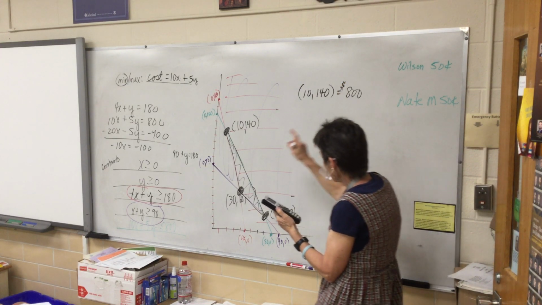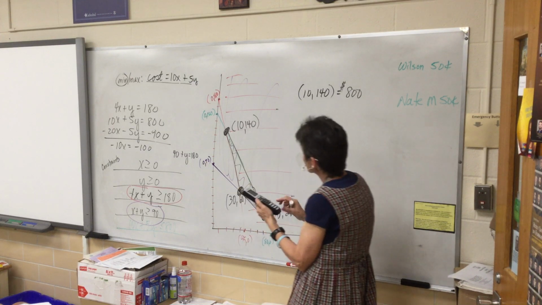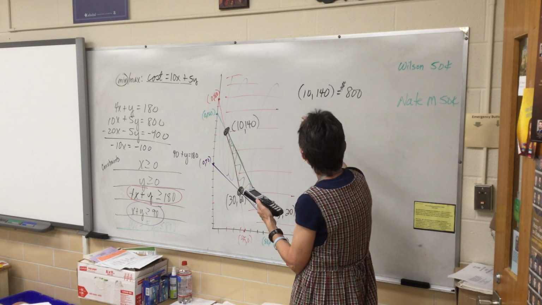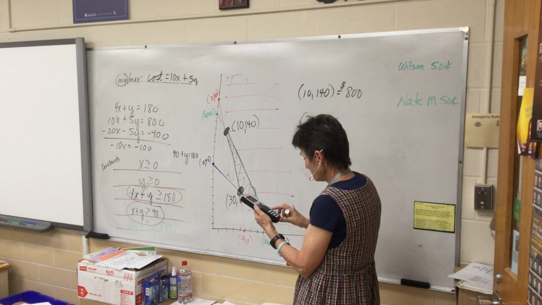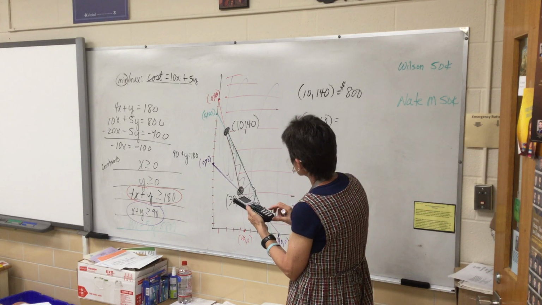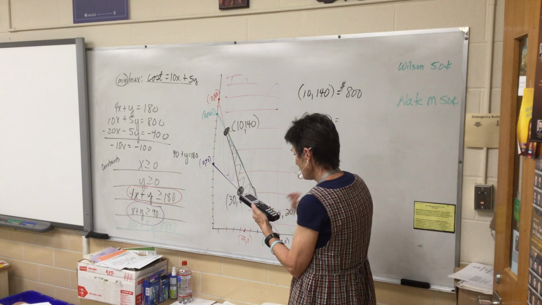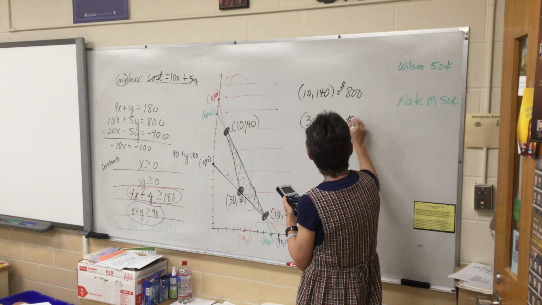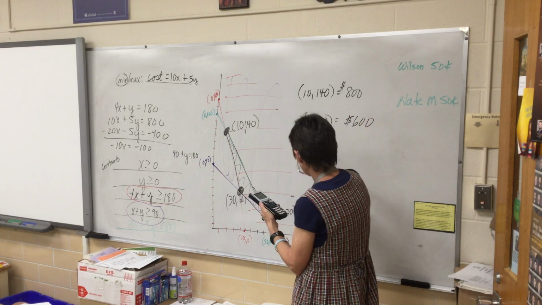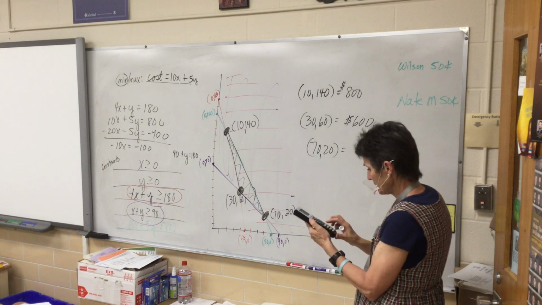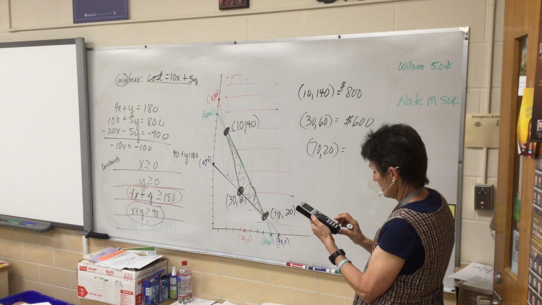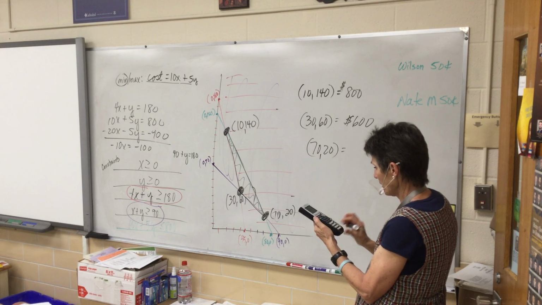Okay? Now, down here, 30 and 60. So 10 times 30 plus 5 times 60. That's going to cost you $600. And then 70 times 10 plus 20 times 5.